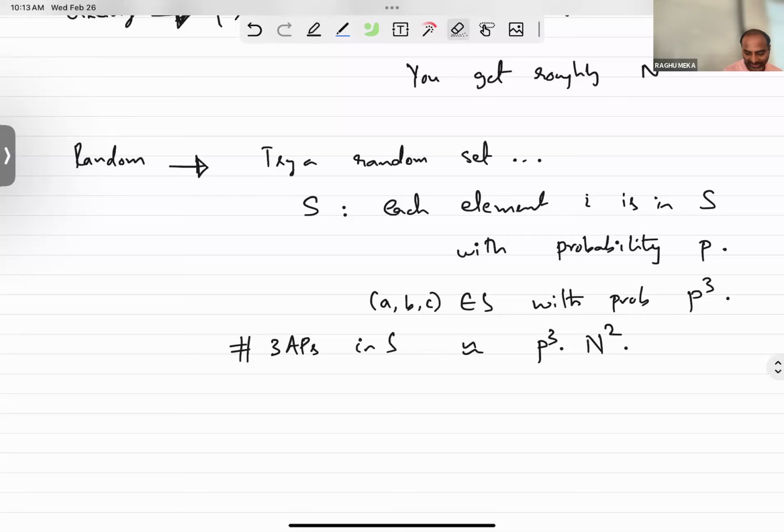You can make it rigorous and say that the expected number of 3APs in S is less than or equal to this much.